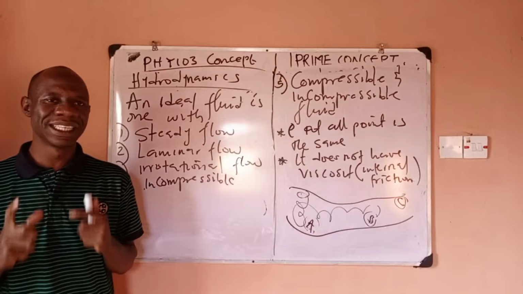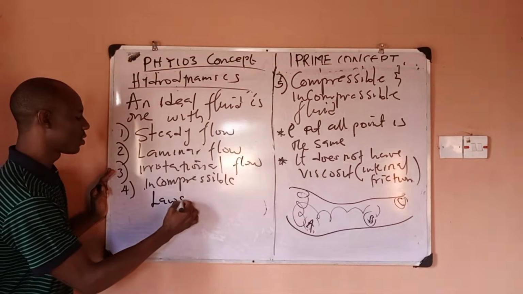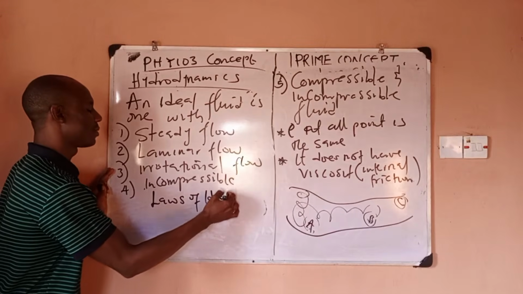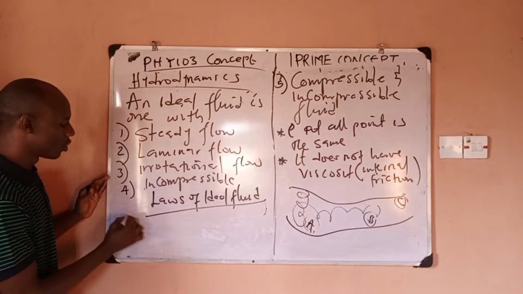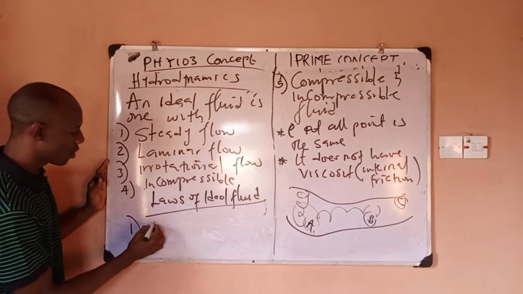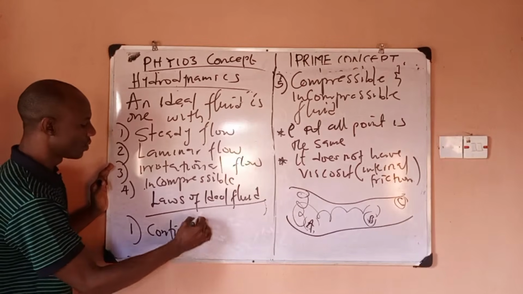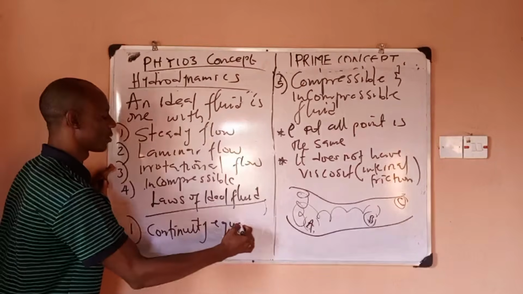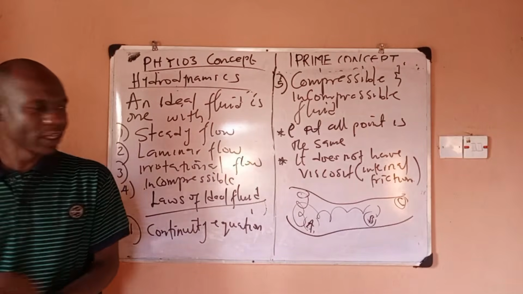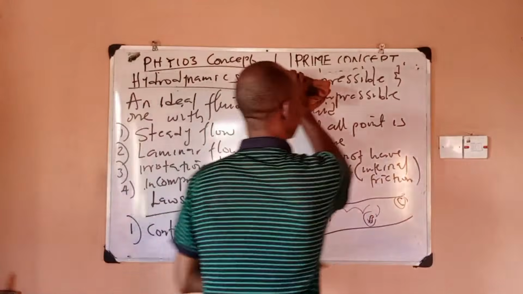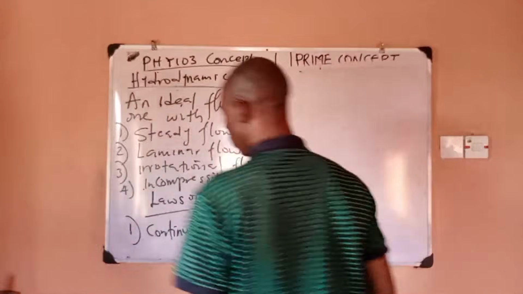So let's look at the laws under the ideal fluid. Laws of ideal fluids. Number one is what we call the continuity equation. Number one is what we call what? Continuity equation. Are we still on the same page? Continuity what?